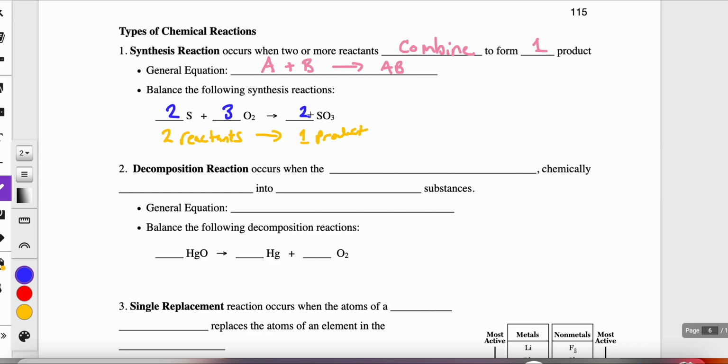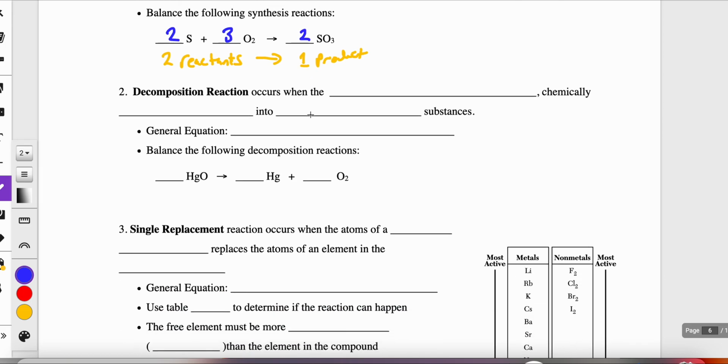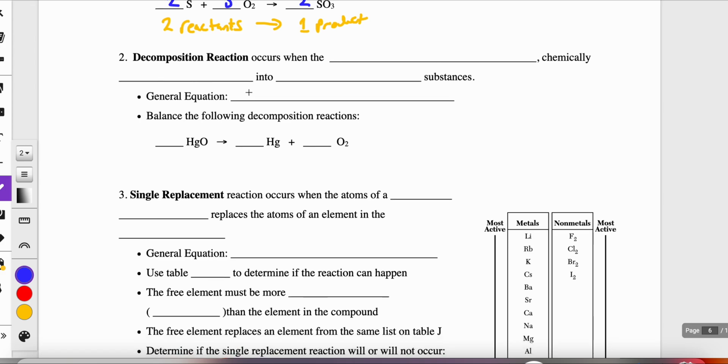The second reaction is a decomposition reaction, and sometimes it's a little bit opposite of the synthesis reaction. So a decomposition reaction occurs when the only reactant chemically breaks down into multiple substances.